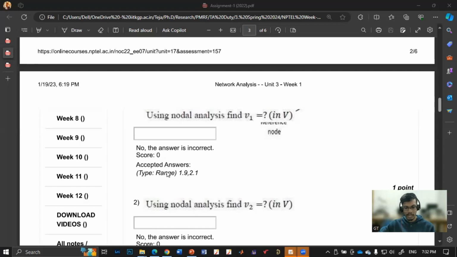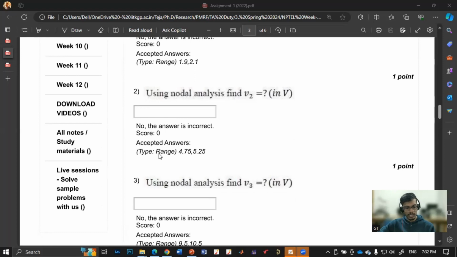So you have to be very careful. Whenever there is a range, there is some flexibility to make a slight mistake in the calculation and still score marks, whereas for the exact integer type, you will not get full marks if you deviate.